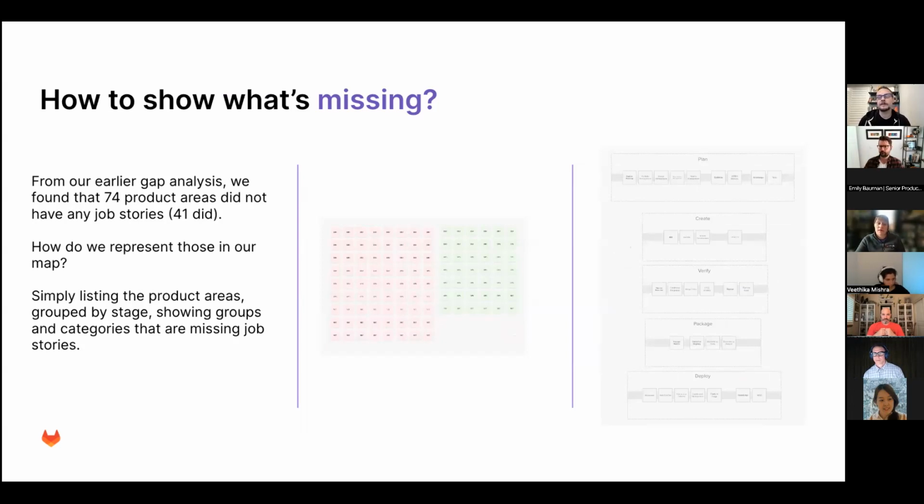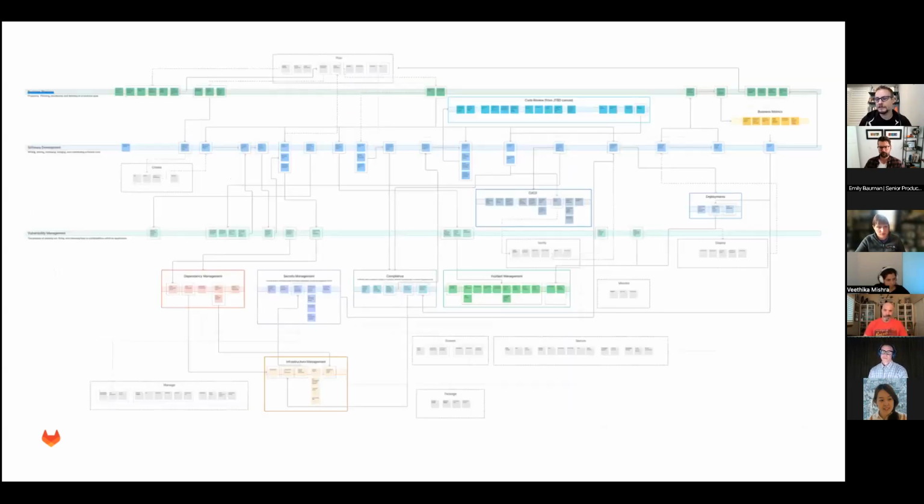And so, what I ended up on, and I'm not saying this is a perfect solution by any means, is pulling in the product areas grouped by stage that were not represented and putting them together with the job stories that we did have and put them all into a giant graphic like this.